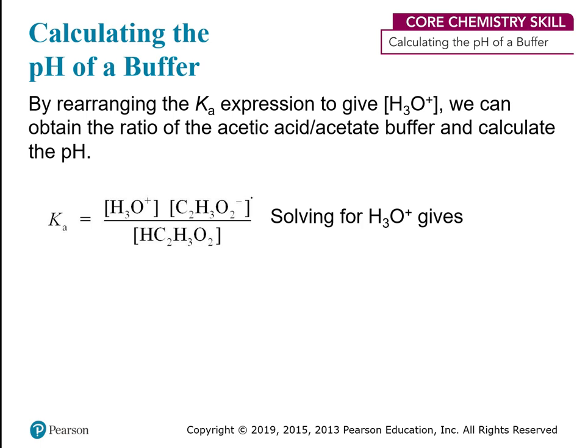You have your weak acid concentration on the bottom, and then you have your hydronium or your H+ concentration. I write H+ because it's shorter than writing hydronium, H3O+. And then you have your conjugate base.